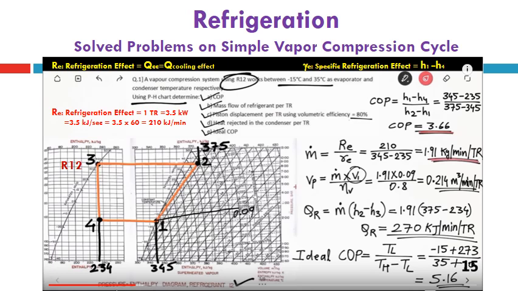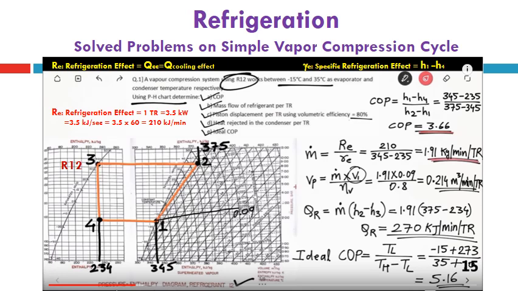Then the enthalpy of state 2 is equal to 375 kilojoule per kilogram, using the constant S line starting from state 1 and going parallel through the constant S lines on this pH diagram, as presented before.